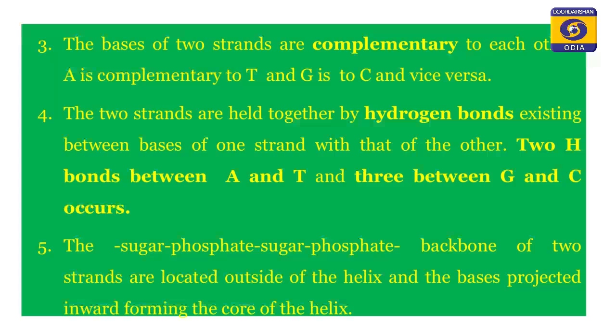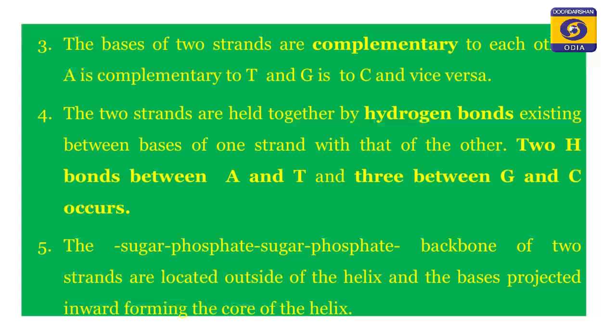So, AT has 2 hydrogen bonds, GC has 3 hydrogen bonds. Individually these hydrogen bonds are weak definitely, but if you look at DNA which is a long chain having many base pairs arranged one above the other, many hydrogen bonds in the DNA make the DNA double helix very stable.